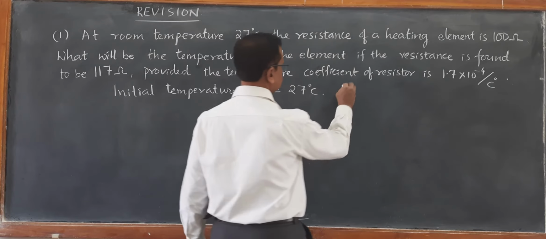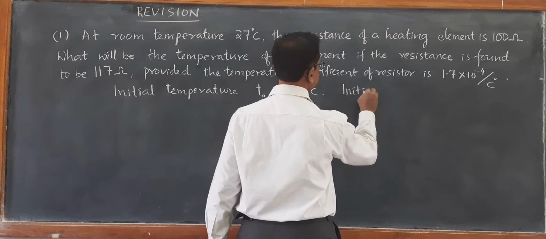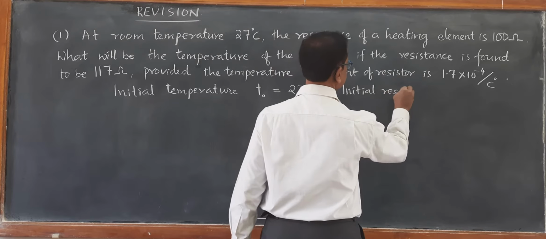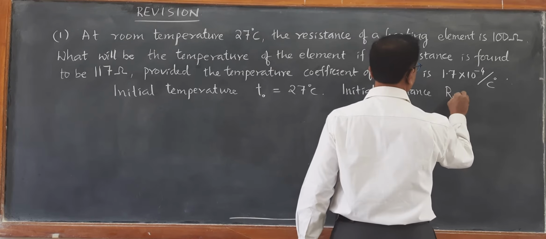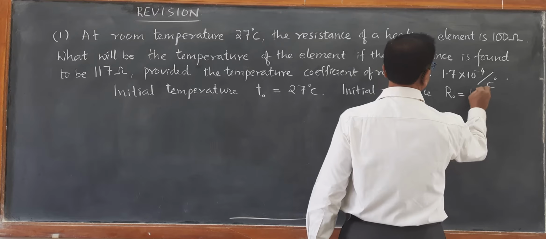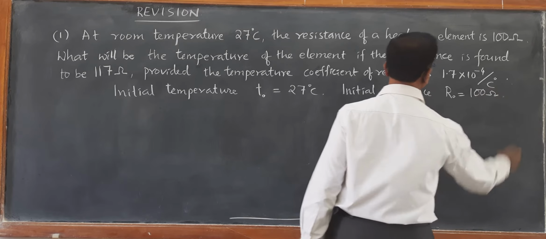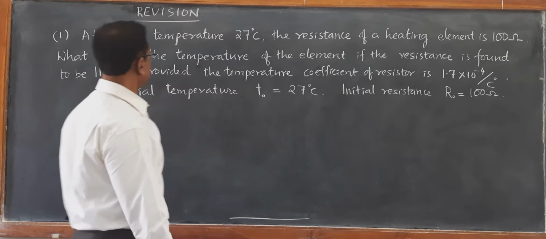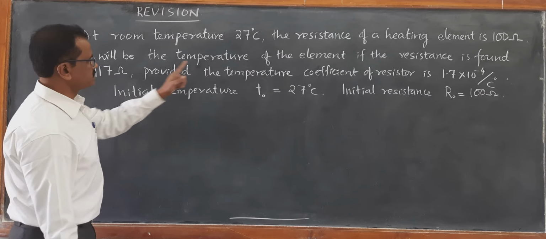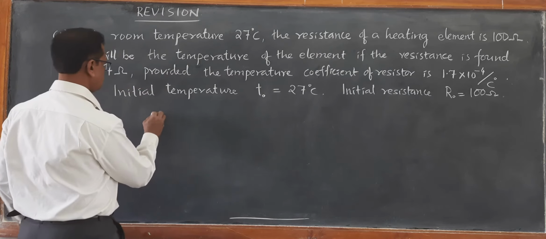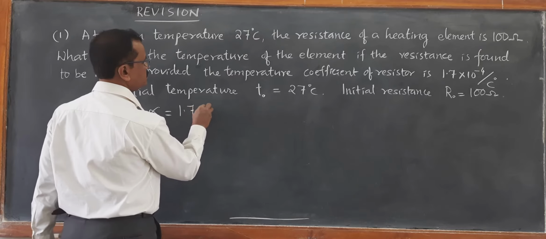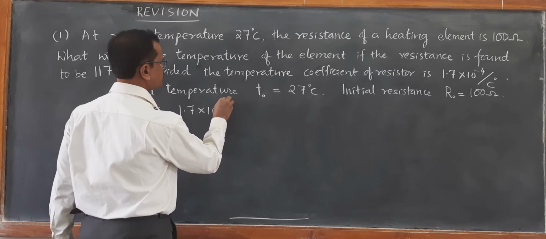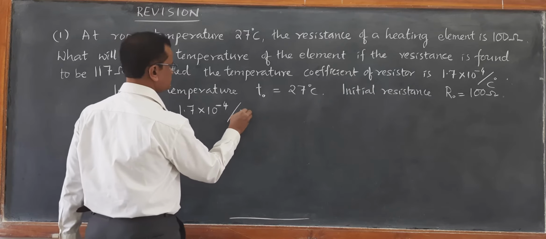Corresponding resistance, I'll write it as initial resistance, R naught is equal to 100 ohm. Now temperature coefficient of resistance is given. It is denoted by alpha, 1.7 into 10 to the power of minus 4 per degree Celsius.